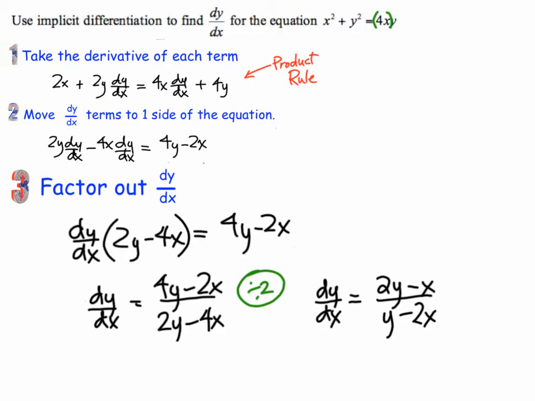The opposite of multiply there is divide, so I divide by 2y minus 4x, and I divide the whole expression by 2. So dy over dx equals 2y minus x divided by y minus 2x.